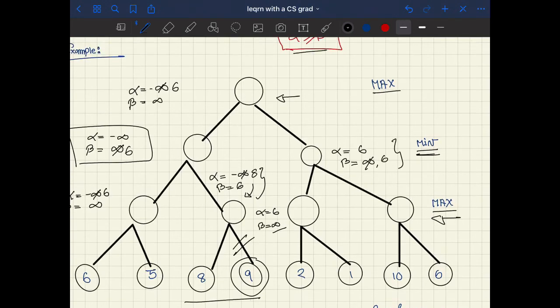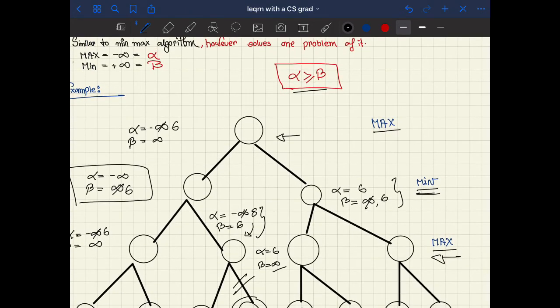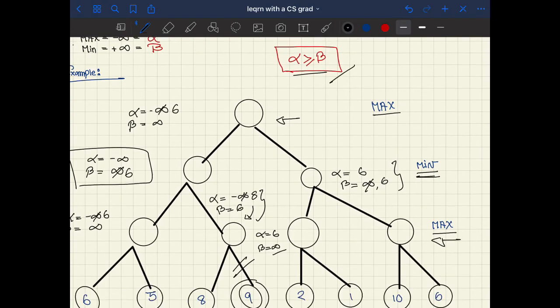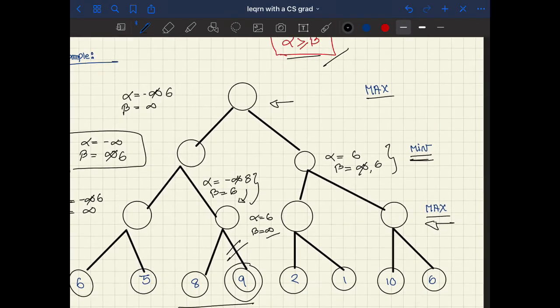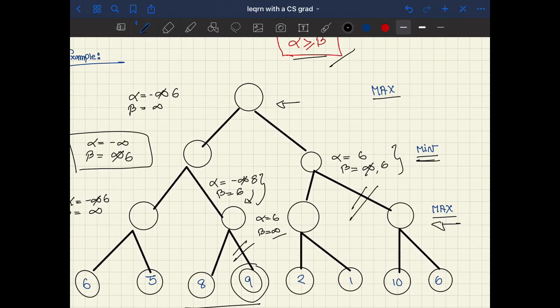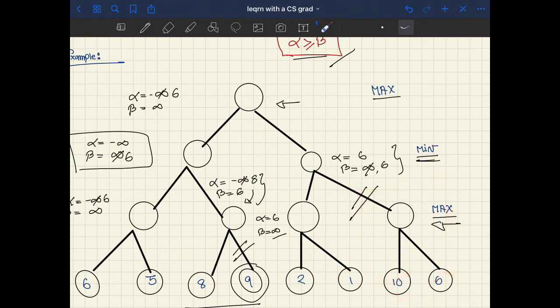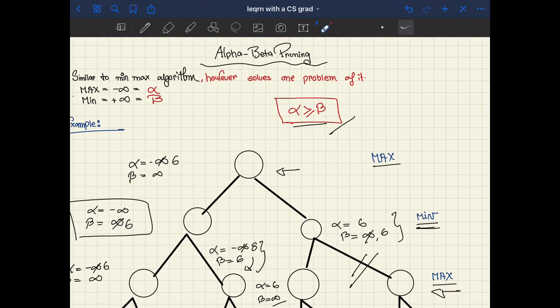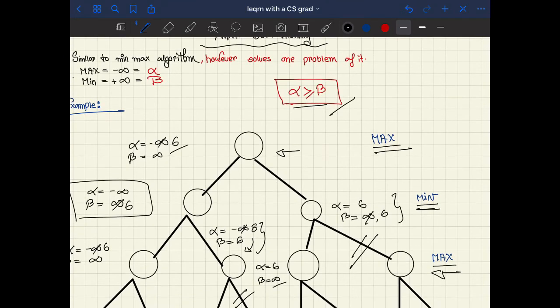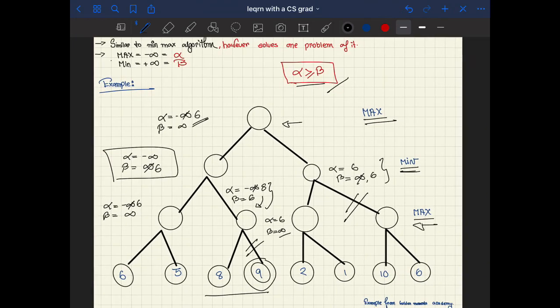Alpha's value is equal to beta, and our condition was that alpha has to be greater than or equal to beta to prune. We satisfied the condition, so we are going to prune this branch, meaning we are not going to look into these values either. Now the value goes up to the parent, and we are finding the max value, 6 and 6. We already have 6, so nothing to update here, and this is the whole result.